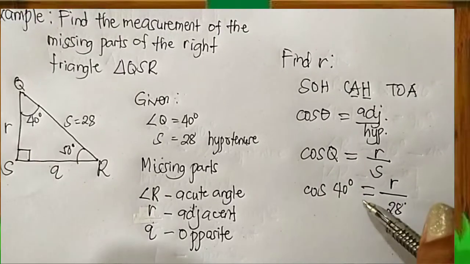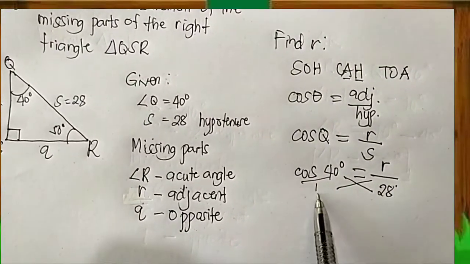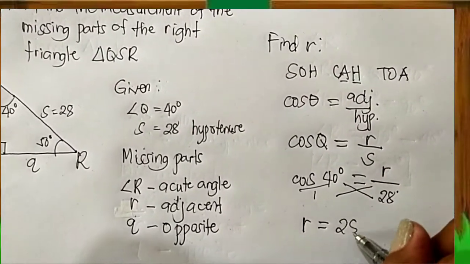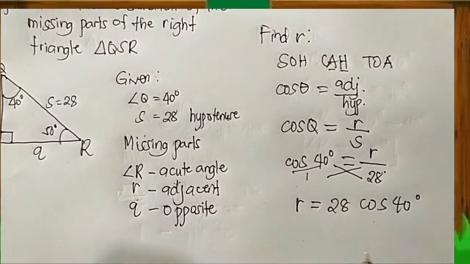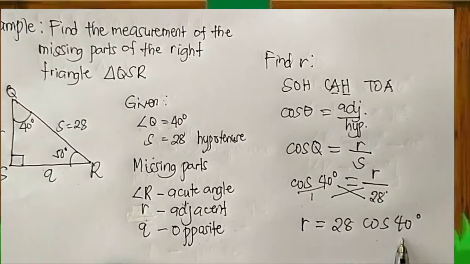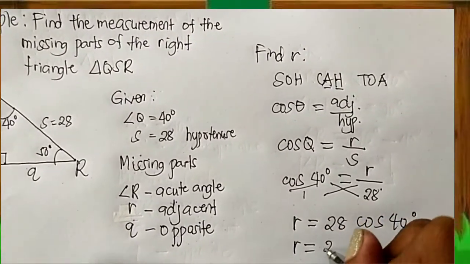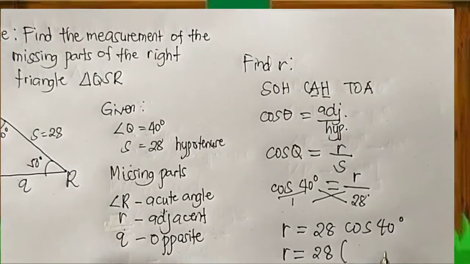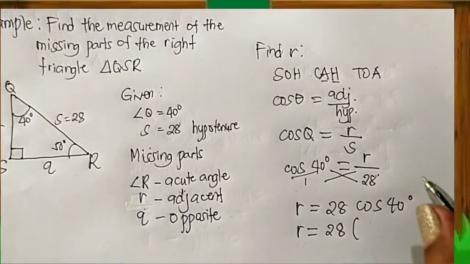Okay, now cross multiply. So this is over 1. 1 times R is R, equals 28 cosine 40 degrees, or 28 times cosine 40 degrees. So R is equal to 28 times, press cosine 40 on your scientific calculator.